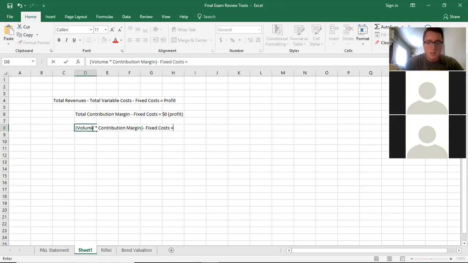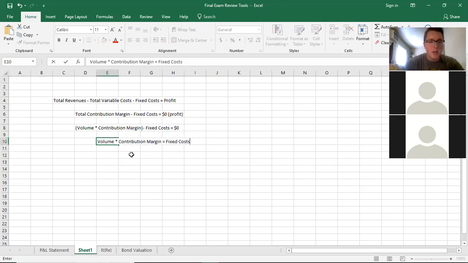So the first thing we're going to do is simple algebra. We're going to add our fixed costs to both sides. So this will then become volume times the contribution margin equals our fixed costs.